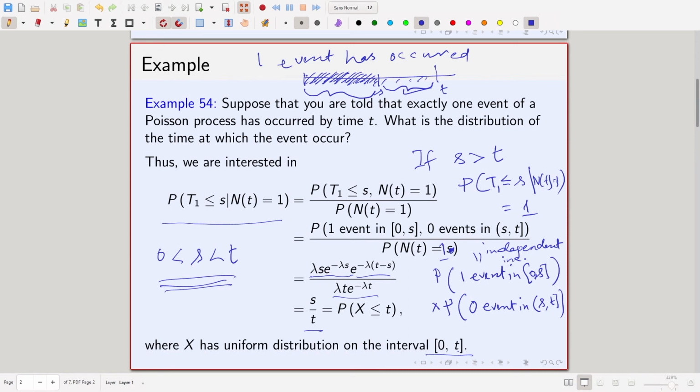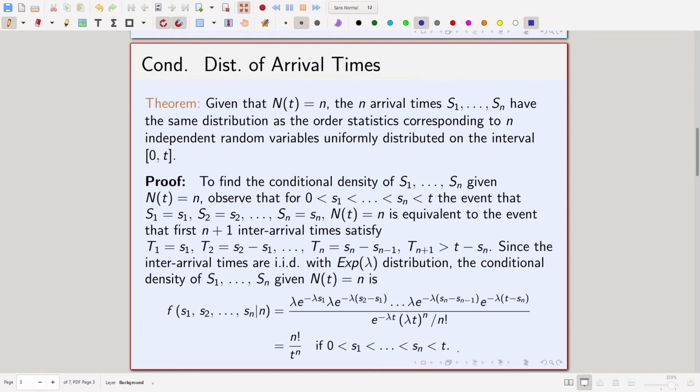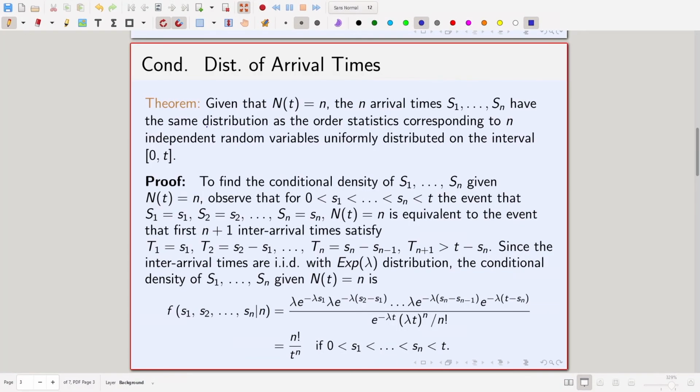Now, motivated by this, we come to this theorem, which basically generalizes what we saw in the previous slide. Given N_t equal to n, so now you are told that within time 0 to t there have been n arrivals. In the previous problem, since there was just one arrival, we were trying to find the distribution of that arrival time, but now there have been n arrivals.